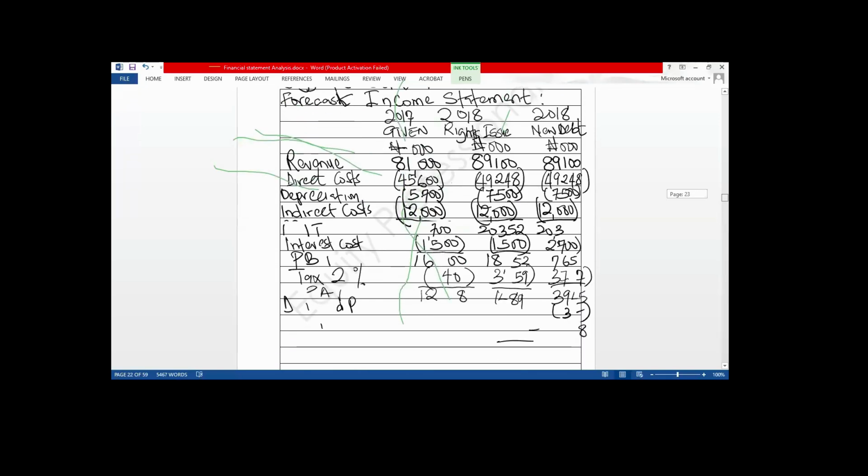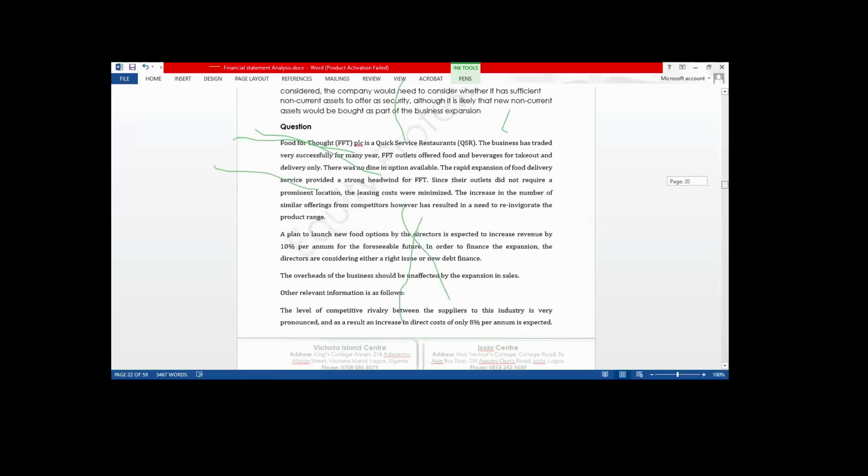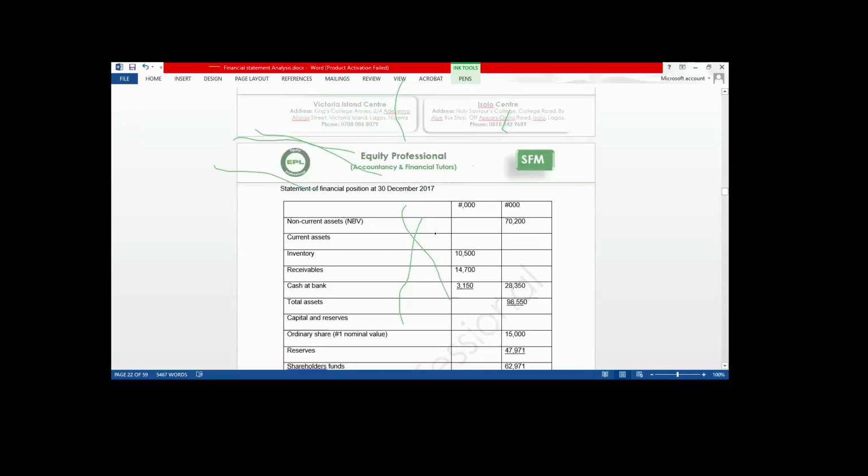You can look at the format you are given and follow it. I want to go to the statement of financial position now. Look at it: non-current asset net book value, the current assets, inventory, receivables, cash, total assets, capital and reserves.